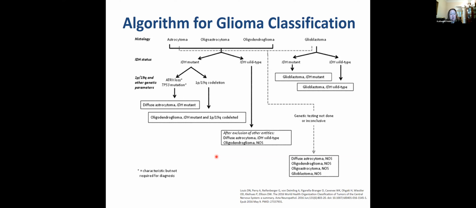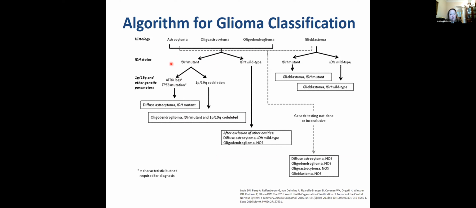So this is really a Duke discovery and really changed how we diagnose tumors. In this algorithm, you could have all these histological diagnoses, but depending on the status of that mutation, you can further subdivide these tumors into different categories.